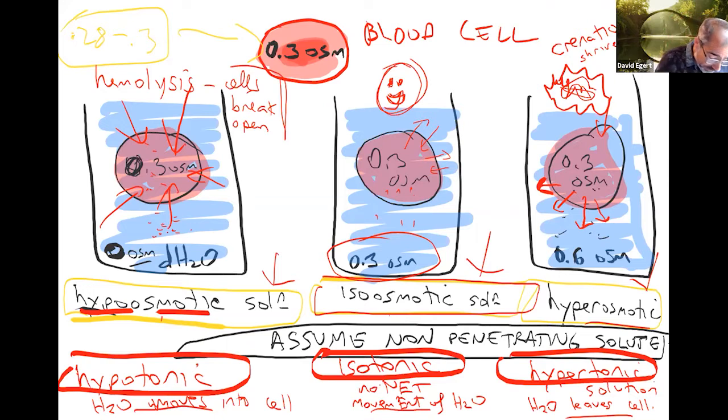If it's a non-penetrating solute, then the relationship's super easy. Hypoosmotic is hypotonic, isoosmotic is isotonic, hyperosmotic is hypertonic, assuming that the solute does not have the ability to cross the membrane. I'll show you the reason why it's not always true though.